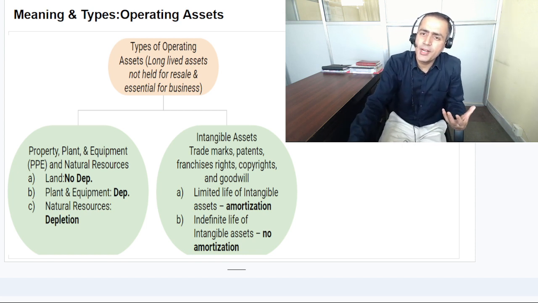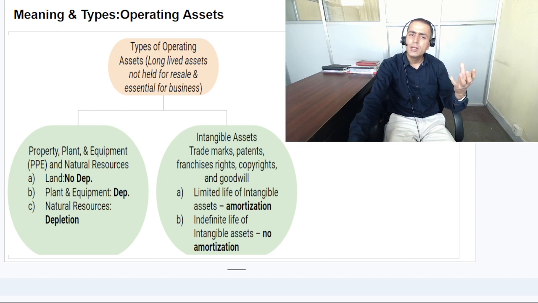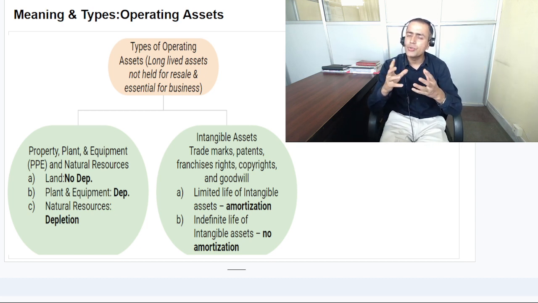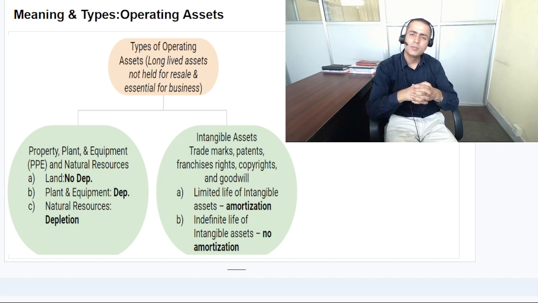Now when we say operating assets, these are the assets which are used for the business and which are long term in nature, not held for resale purposes. For example, if a school or university purchases a bus for office use, that is an example of an operating asset.